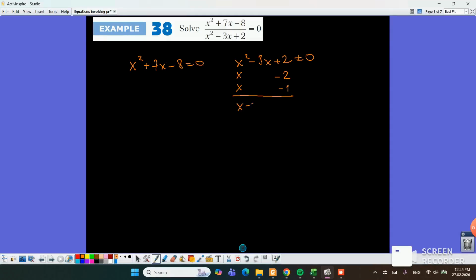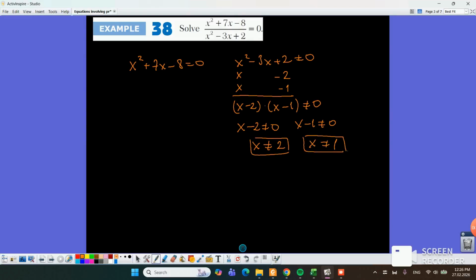Then the factorization will become x minus 2 times x minus 1, and this one cannot be 0. So x minus 2 cannot be 0 and x minus 1 cannot be 0. From here I will find that x cannot be 2 and x cannot be 1. This is the first part. So I found which values x cannot be.